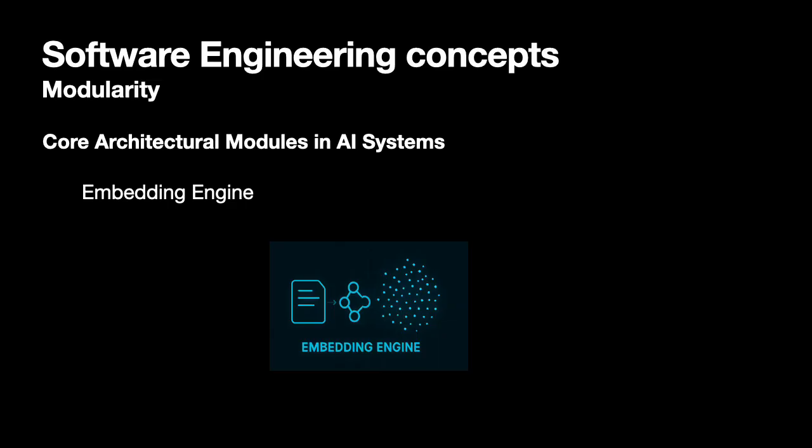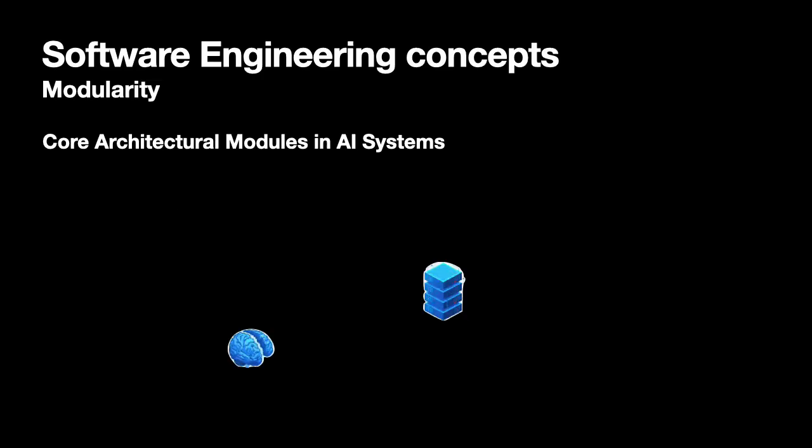It uses as input text or image chunks and provides as output numerical embeddings, for example a list of floats. Vector and memory store's job is to index, store and retrieve embeddings. It uses as input queries and vectors and generates as output top-K matching documents.